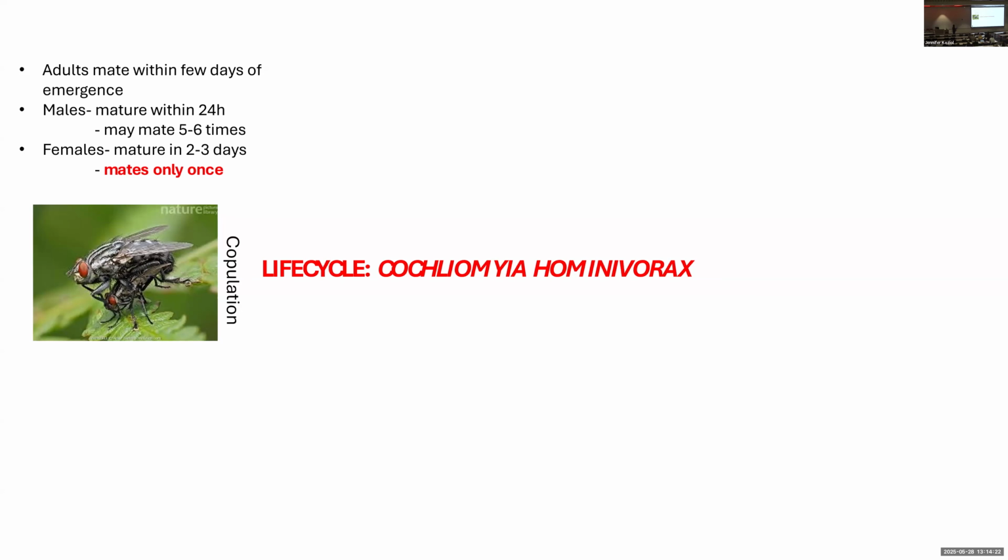And then the beauty of it, which I think is the saving grace, is that the females only mate once. Once they mate, they have enough to fertilize all the eggs that they produce. So they do not mate a second time, which, based on what we know now, is the basis for eradication steps that were taken prior to this time.